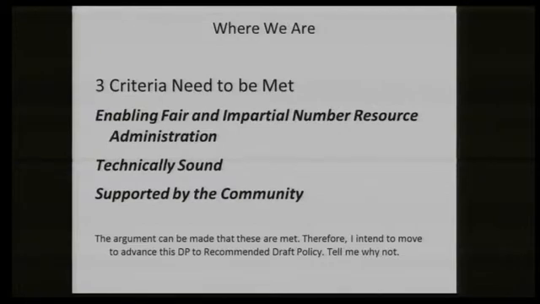Now, this slide was made up earlier in this week where I was very much focused on fostering input from the community, which I still am. At this point, I've received enough feedback from the community that I don't think, unless I get an overwhelming groundswell, that I'm going to be recommending to move this to draft policy.